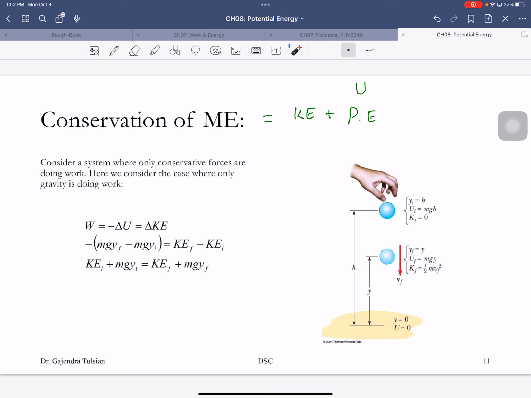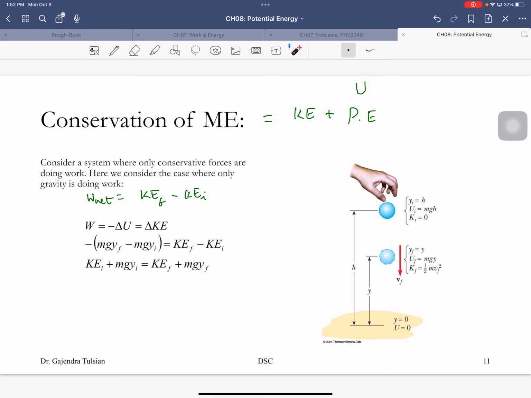So here's the deal. Let's say there are only conservative forces acting on the system. For instance, let's say there's only a spring force acting on the system. The net work done is the change in kinetic energy. So this is the work energy theorem. And if there are only conservative forces acting, the work done by conservative forces is negative change in potential energy, and that's equal to change in kinetic energy.